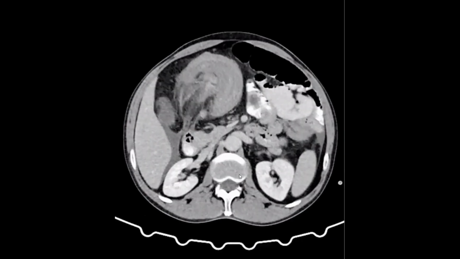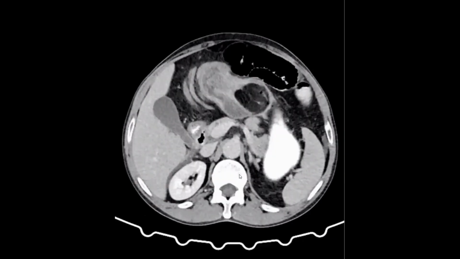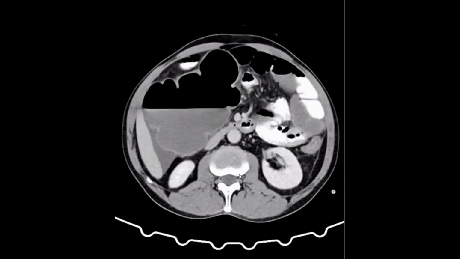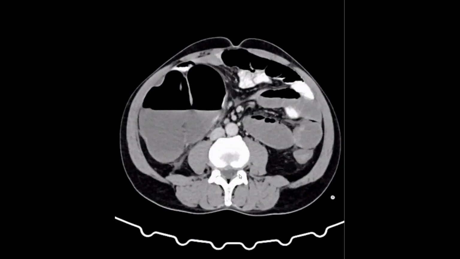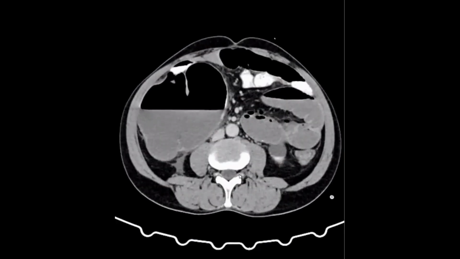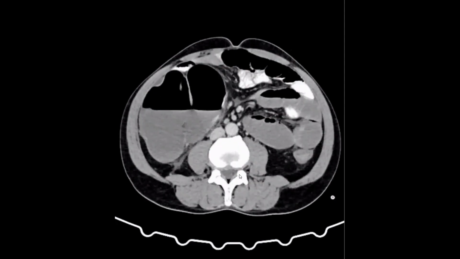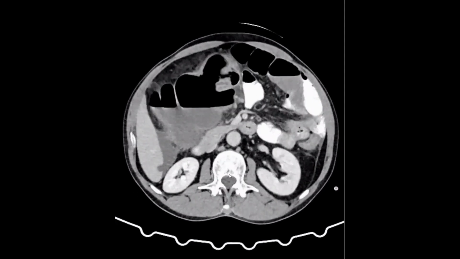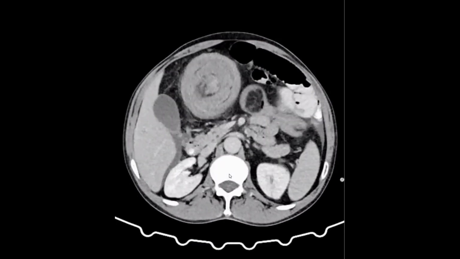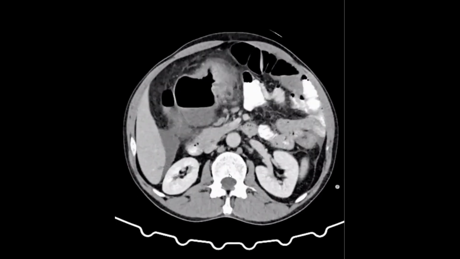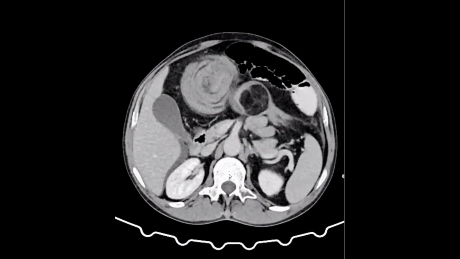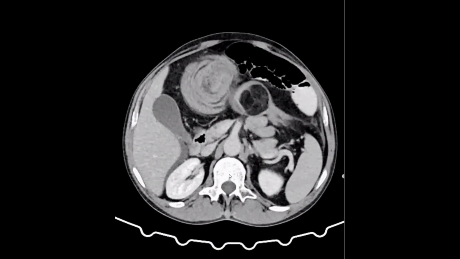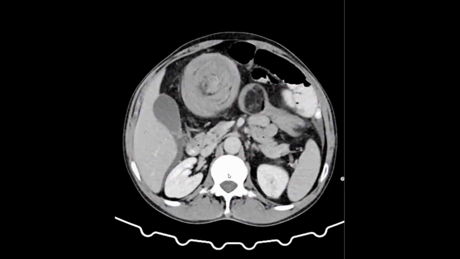I think this is a large bowel at the level of the transverse colon. I can appreciate there's a large segment of large bowel telescoping within another segment. I think this is the ascending colon, which is seen telescoping within the transverse colon, giving colonocolonic intussusception.